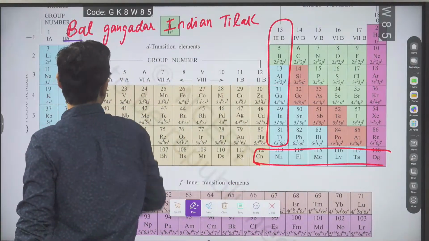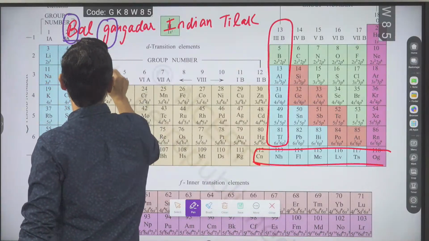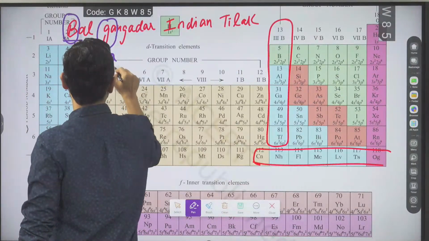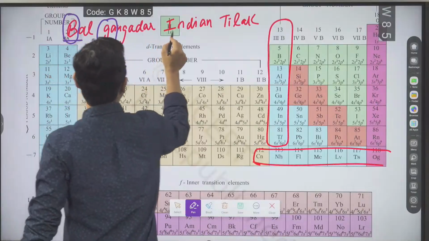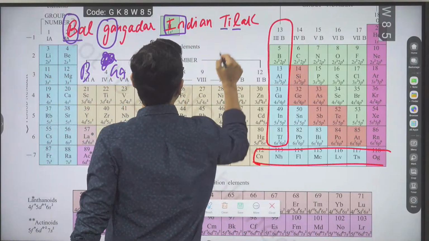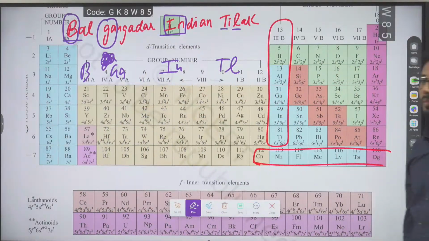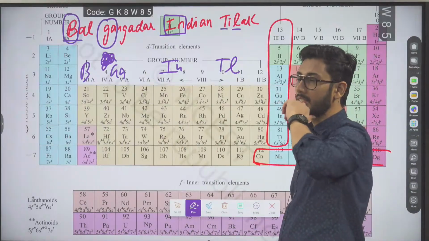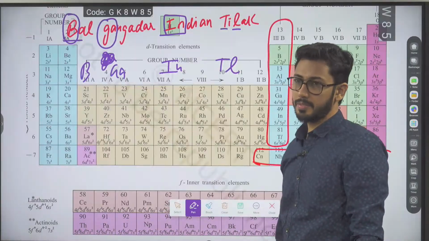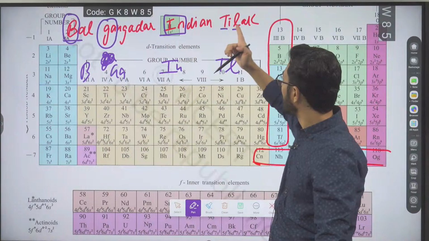From here we will extract boron, then Ga, gallium, then here In, indium, and Tl from thallium. Other students said, Bal Ganesh in Thailand. Yes, that also you can say. Correct, it is. Bal Gangadhar Indian Tilak. Yes. Bal Ganesh in Thailand.